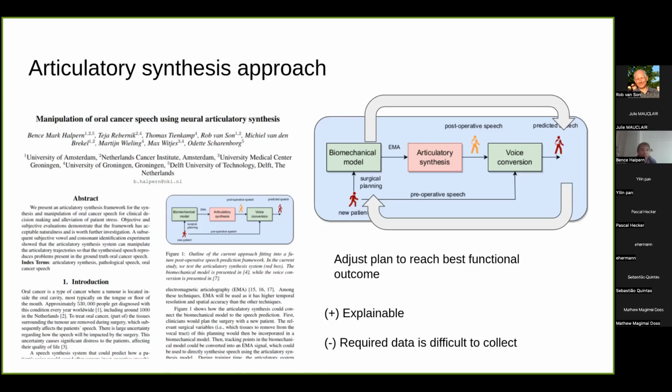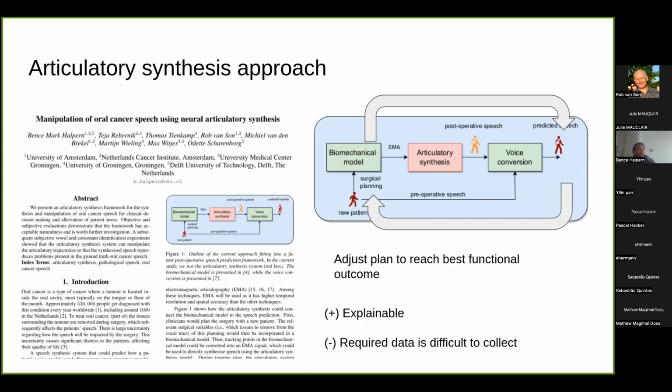sort of design a biomechanical model that could provide these articulatory trajectories for us, dependent on the surgery. And so the idea is that we could predict what kind of surgery brings us the best functional outcomes, the best voice outcomes. Basically we could iterate on this process until we find a surgery which is effective for saving the patient, but also most generous in terms of the best speech quality.